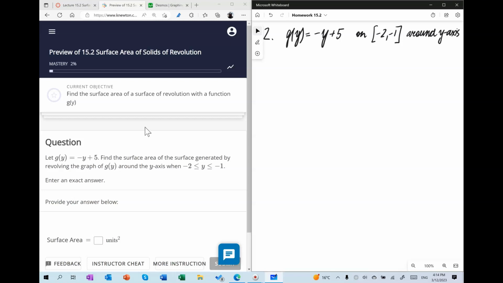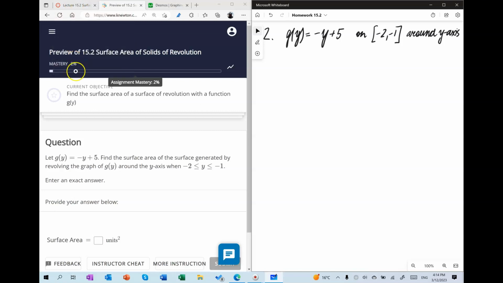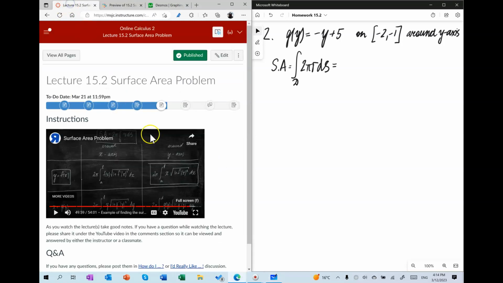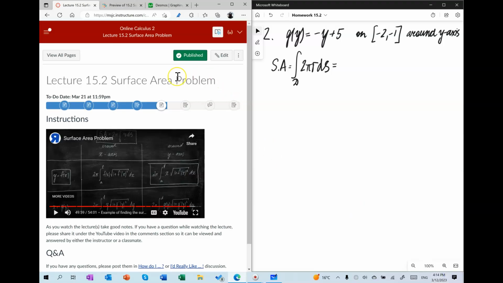Okay, so that means we're gonna use the universal formula, but we're going to use the bottom left interpretation of this formula because of how the function is given and how the solid of rotation is created.